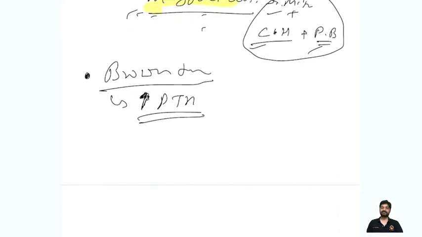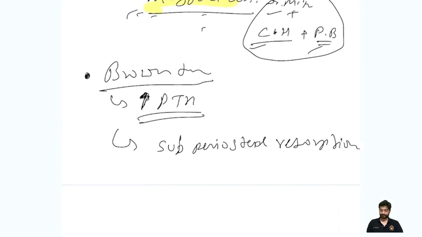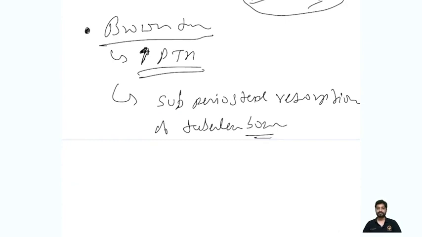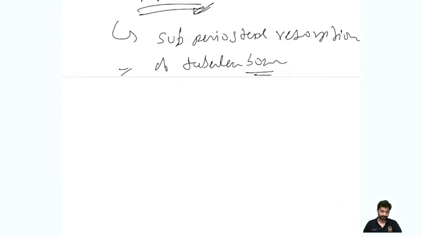Due to this secondary increase in parathyroid hormone, there is a peculiar feature of subperiosteal resorption of tubular bone. So the subperiosteal resorption of your tubular bone is due to increase in PTH, which means hyperparathyroidism, also known as brown tumor. Okay.